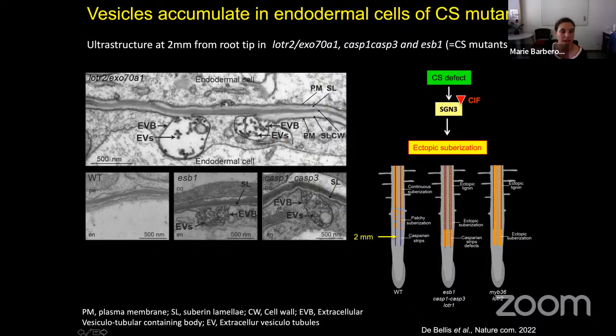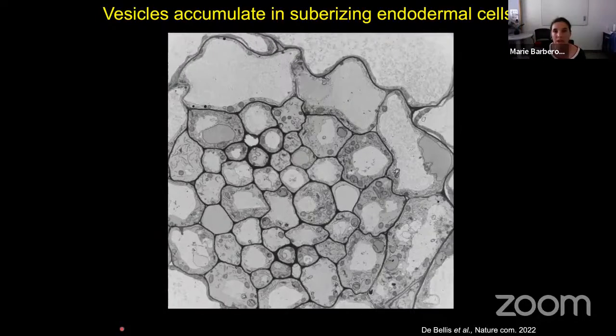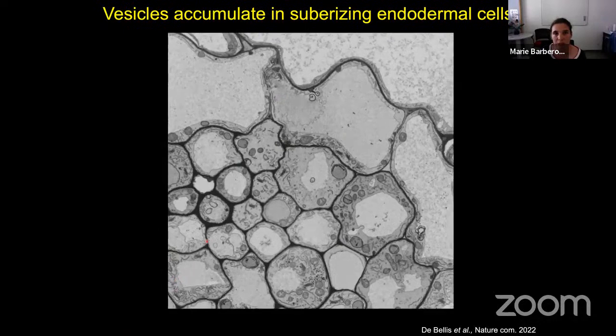When I say that we see a lot of these vesicles, here I'm showing you just one picture in one section of a portion of a plasma membrane. I want to show you what I mean by a lot of vesicles, by showing you a 3D reconstruction of one endodermal cell. Here in the upper part, you have one endodermal cell that is suberizing, and we're going to move in Z in this section, and you're going to see many of these big vesicles present at the periphery.